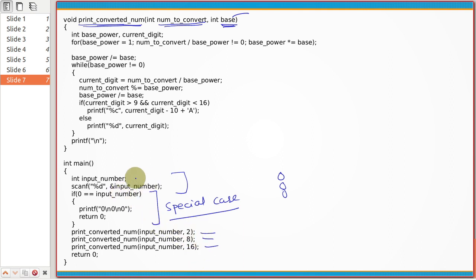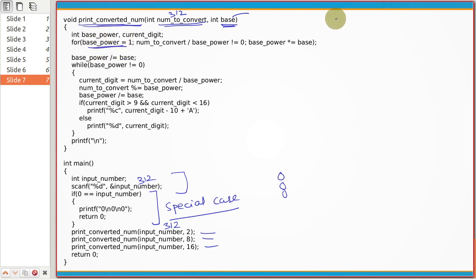So if my input is 312, then I will provide 312 to start with, and number 2 for binary. So it will come here, 312. So the number to convert is 312, then the base, power and the current digit. So base power I am starting from 1.